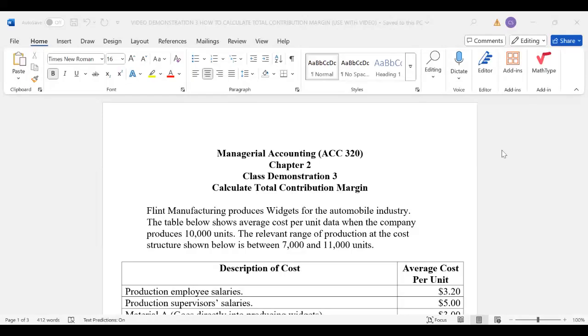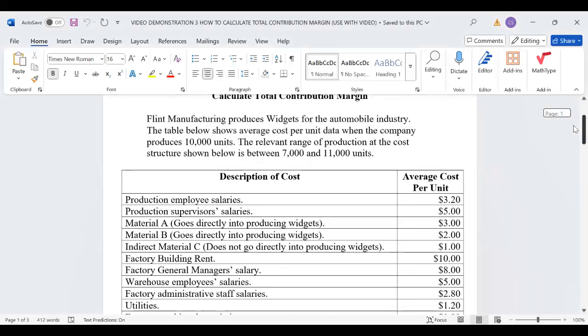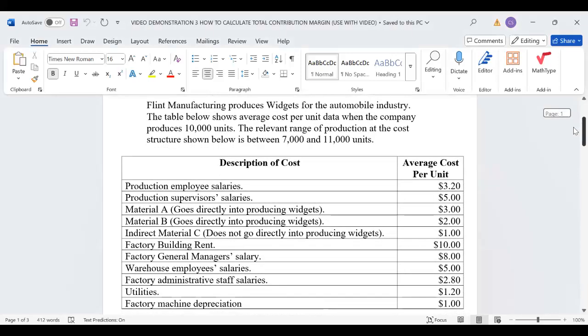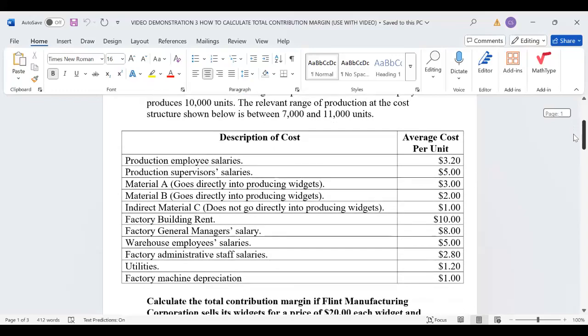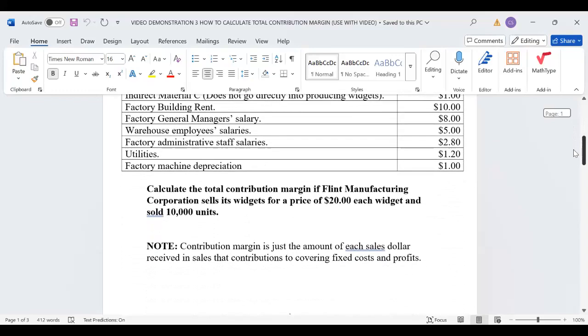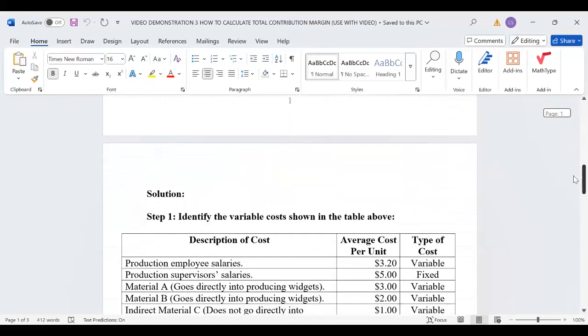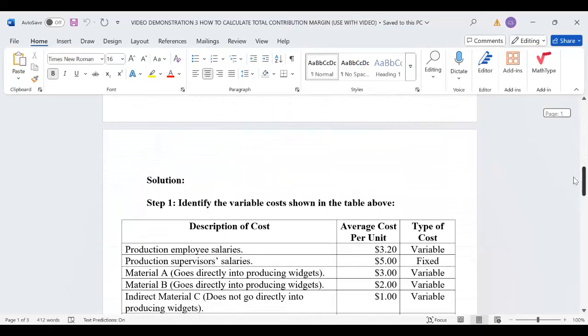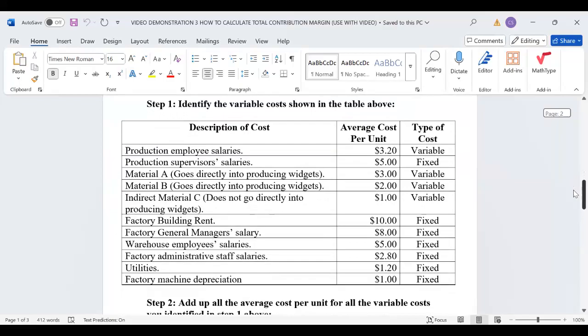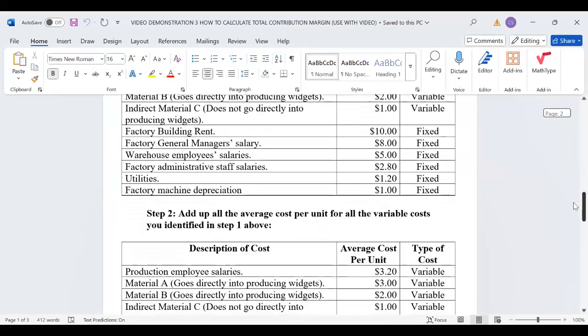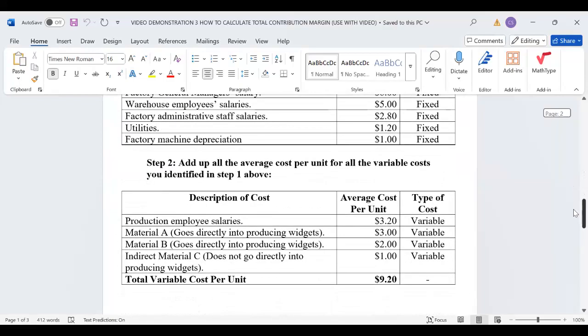The third demonstration is calculate total contribution margin. Again, we have the same information. Step one is the same as when we did per unit contribution margin. We identify the variable costs. Step two is add up the variable costs.